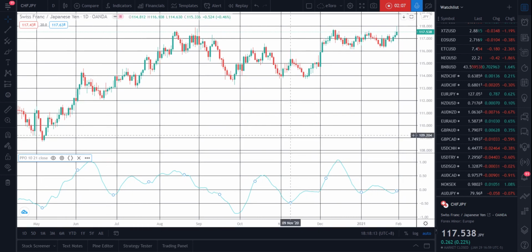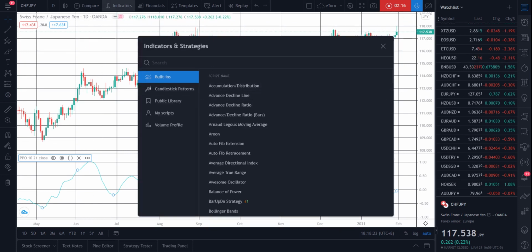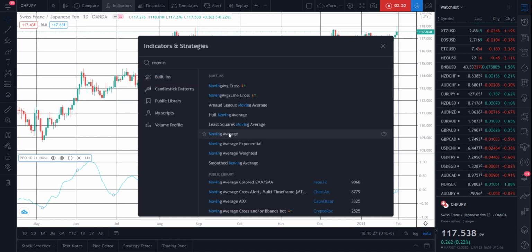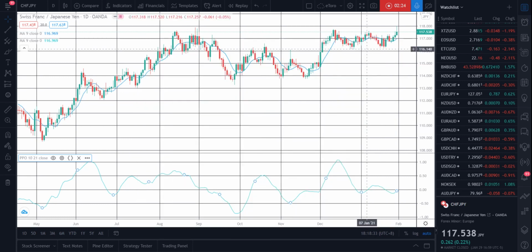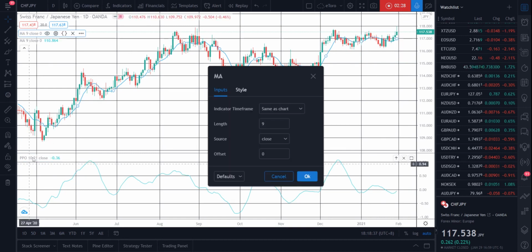What does it mean that the price oscillator uses two moving averages? It may seem a bit complicated, but let me just add two moving averages. So I'm going to add a moving average. First one, I'm going to change the settings. Here you can see that we set the price oscillator periods to 10 and 21, so I'm putting the first one at 10.